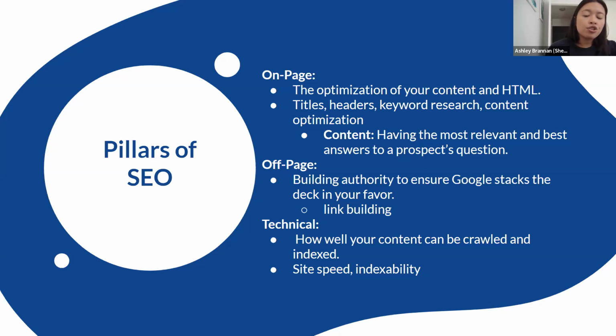We also want to make sure that the pages that you want to have indexed or shown up on the search engine results page are actually being indexed. There are a few different tools that we can use, and we'll dive deeper into this today as well. So these are the three main pillars of what goes into getting your website to rank on the search engine results page.